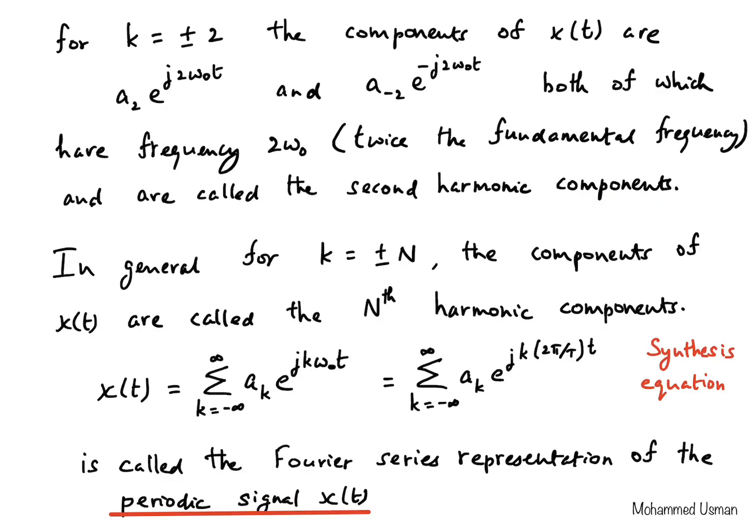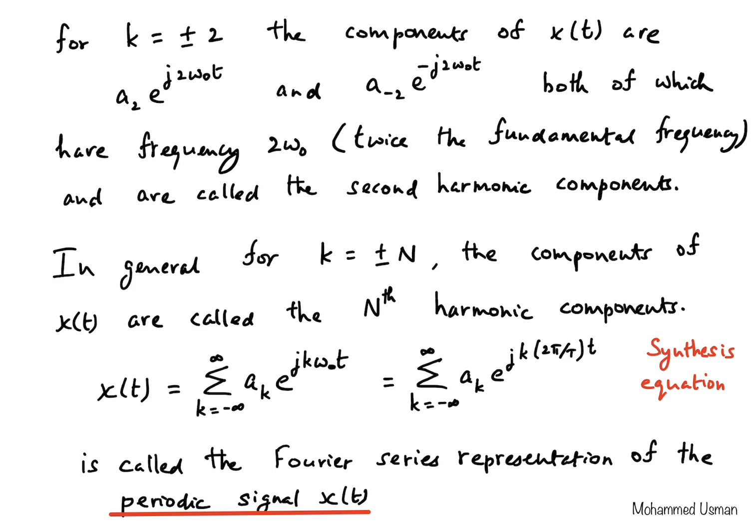Next, when we have k equal to plus or minus 2, then we will get e power j 2 omega naught t, and corresponding to minus 2, it will be a minus 2 e power minus j 2 omega naught t. Again, both these components have a frequency value 2 omega naught.